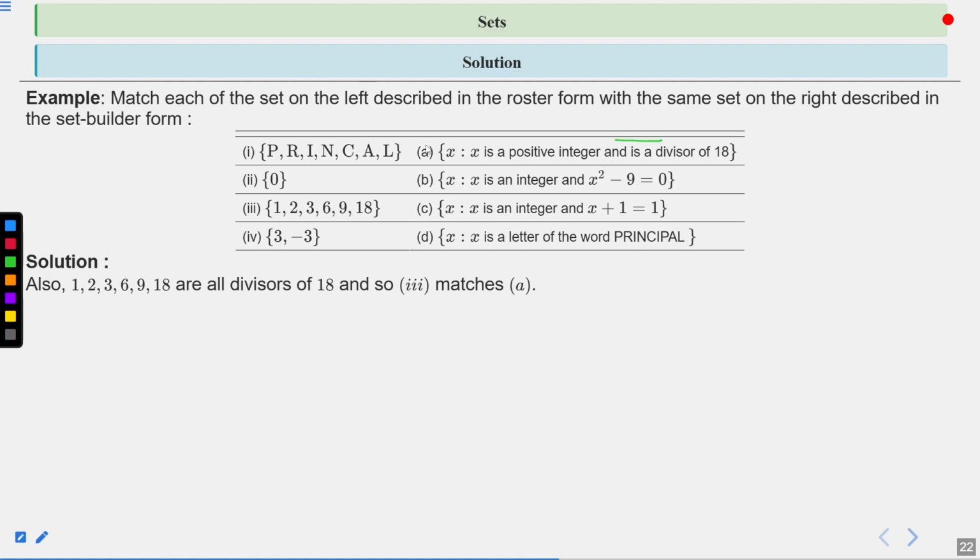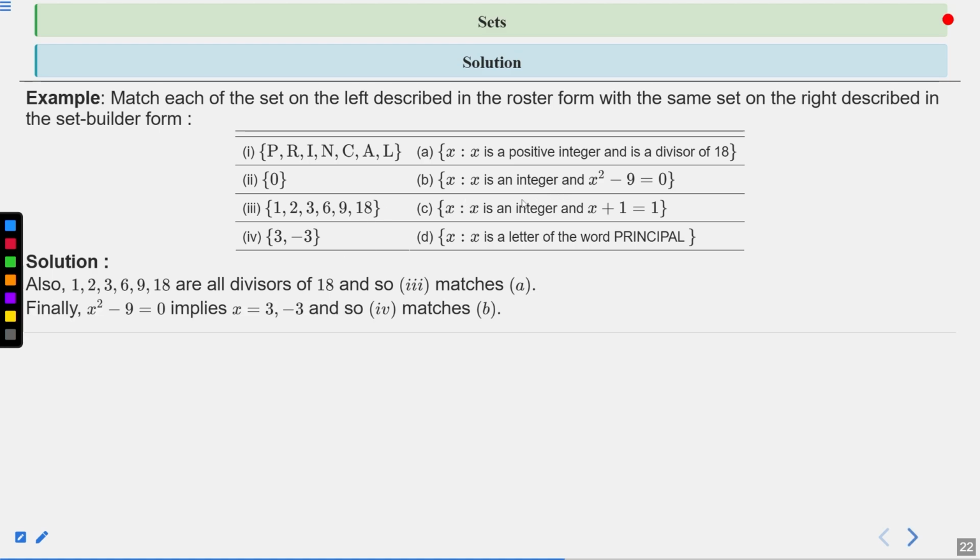So A says collection of all x such that x is a positive integer and a divisor of 18. So first of all, list all the divisors of 18. You will get 1, 2, 3, 6, 9, 18. And these elements are given in the third option. So match 3 to A. Simple. Now match the remaining to the remaining. Very simple.